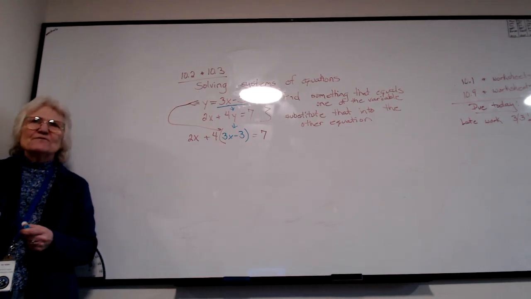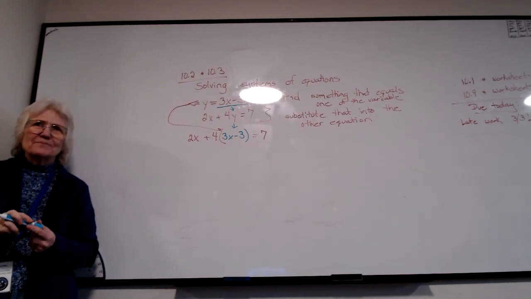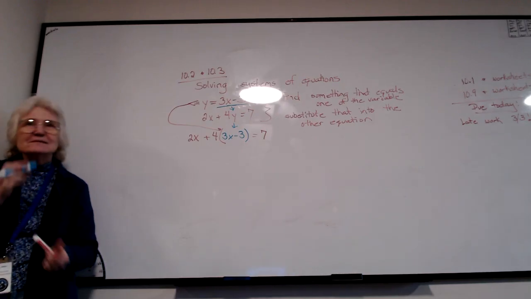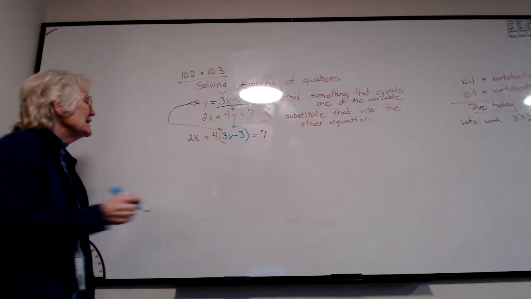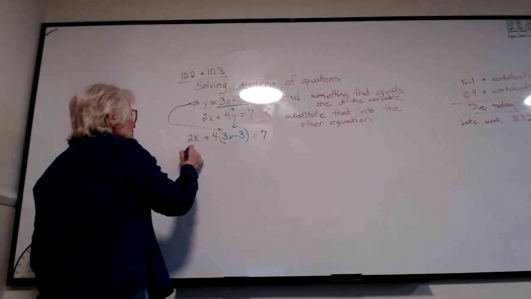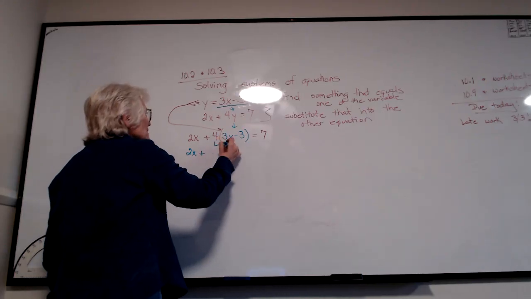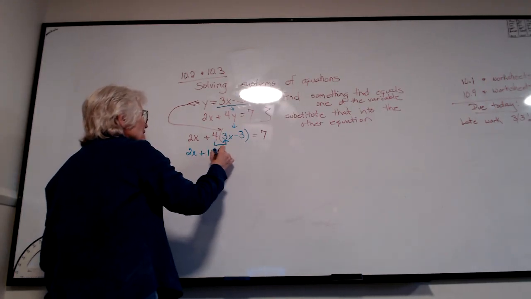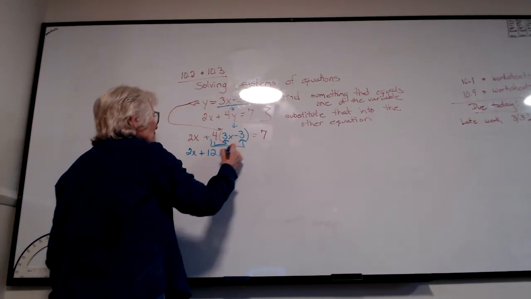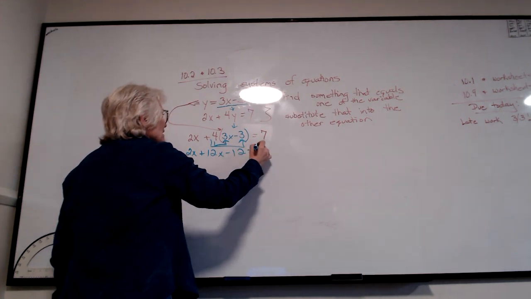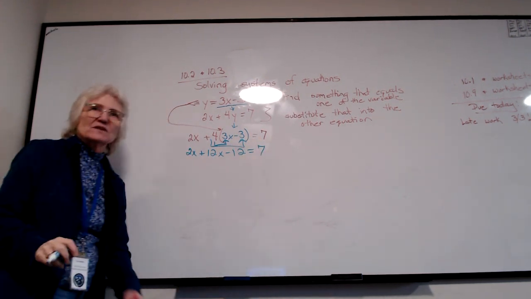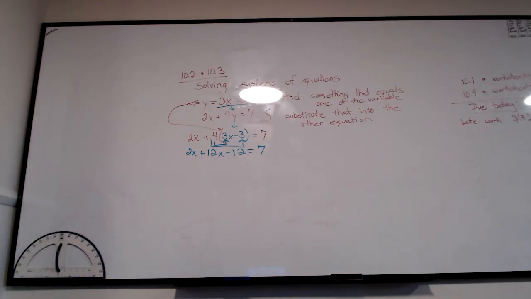What do we have to do first, Med? Put 4 times -3 to 4 times 3. Yes. Okay, so we're going to take 2x plus 4 times 3x, which is 12x, 4 times -3, which is -12, equaling 7. So we did our distributive property. We distributed it out.